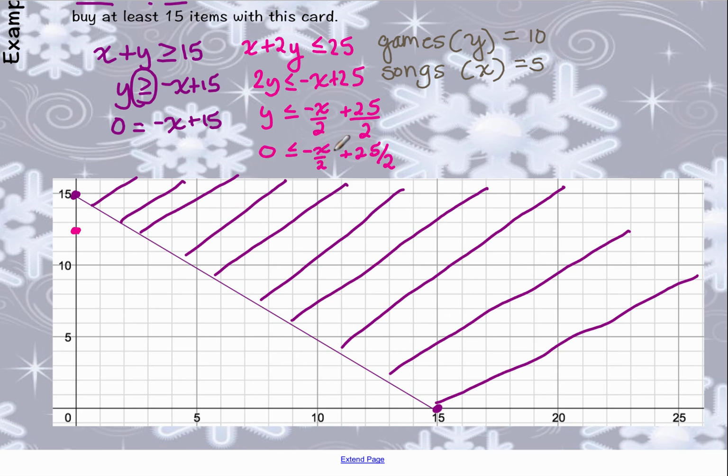It's going to be negative 25. So that x value was a 25. I can now connect the lines. This needs to be shaded also. This was a less than.